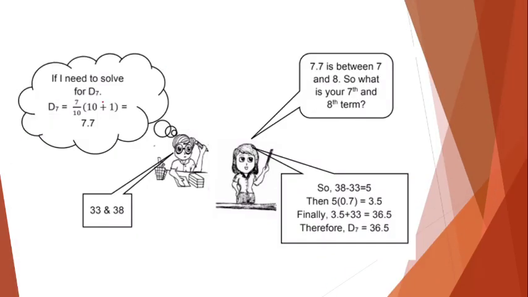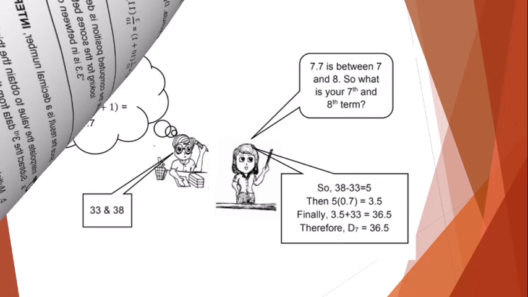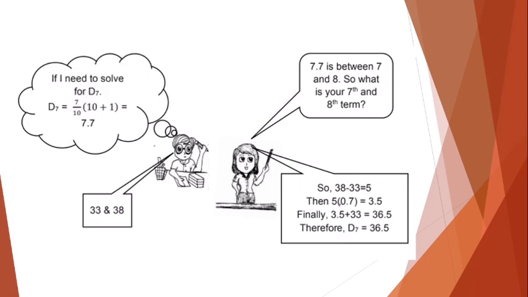So, if I need to solve decile 7, so 7.7 is between 7 and 8. So, what is your 7th term and 8th term? So, 38, okay, 30, that is between from here. Then yung nagpa-decimal sa kanya, yung 0.7.